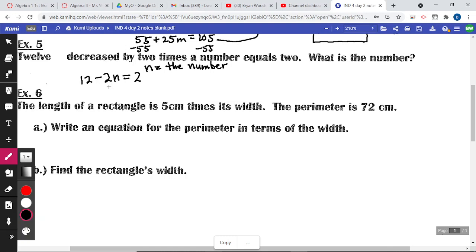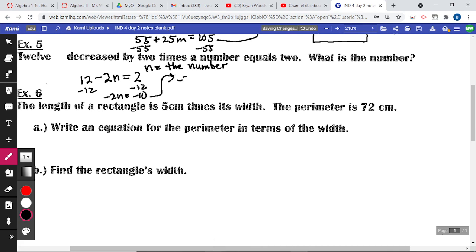So we have our equation, and so let's solve it. We got this 12. We need to get that to both sides. We'll go ahead and subtract 12 to get the 12 away from the left, move it to the right. So it gives us negative 2n on the left, and on the right we get negative 10.